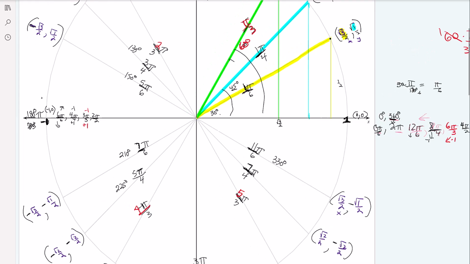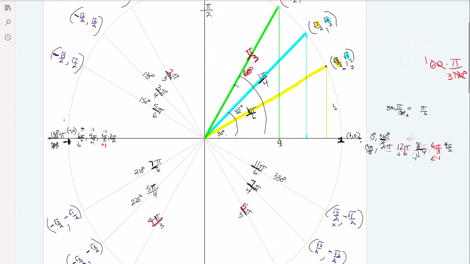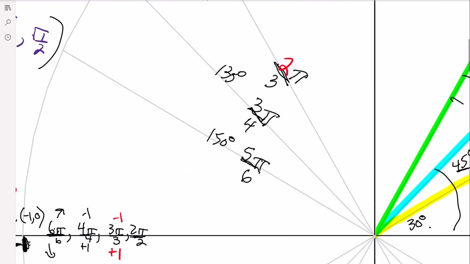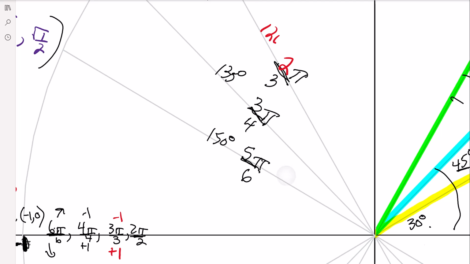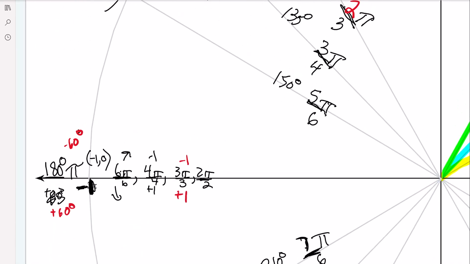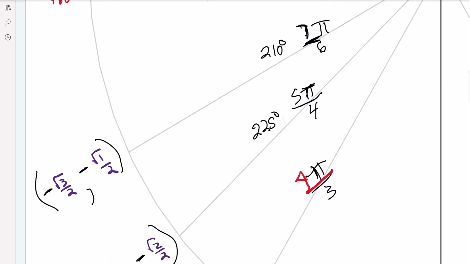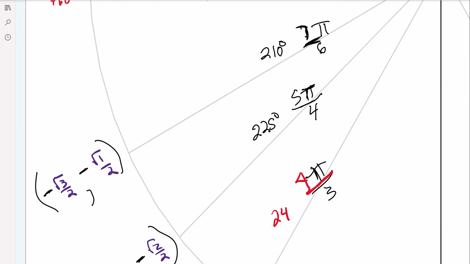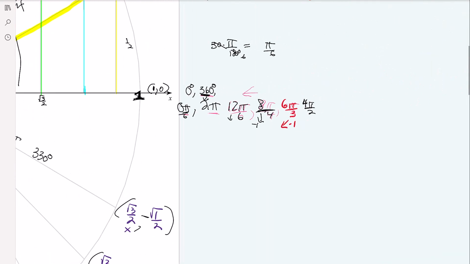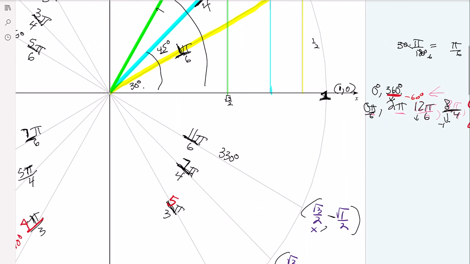And then with the angles, 180 subtract 60 gives us 120 degrees. 180 plus 60 gives us 240 degrees. And then if we go all the way around at 360, subtract 60 gives us 300 degrees.